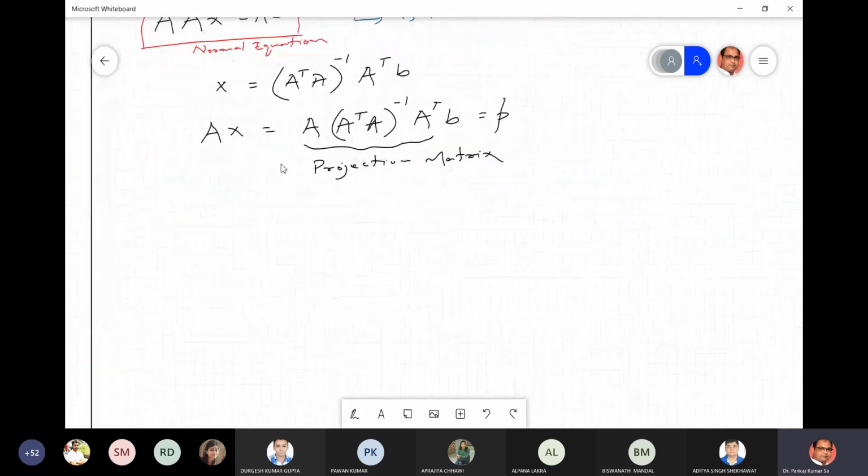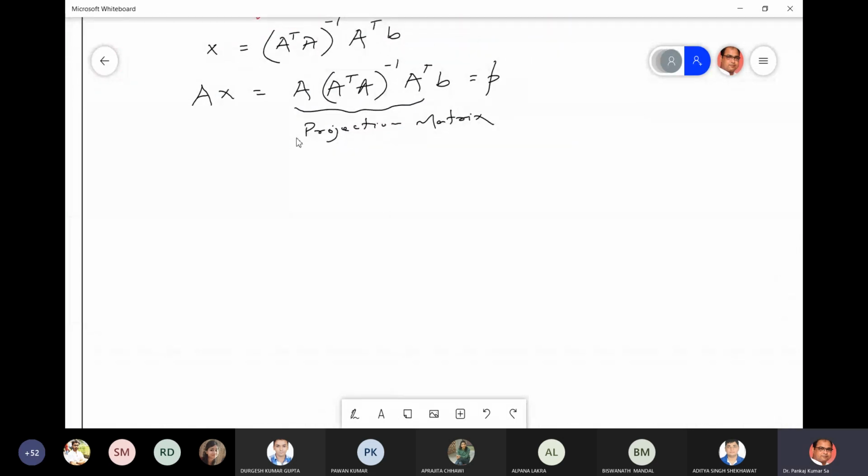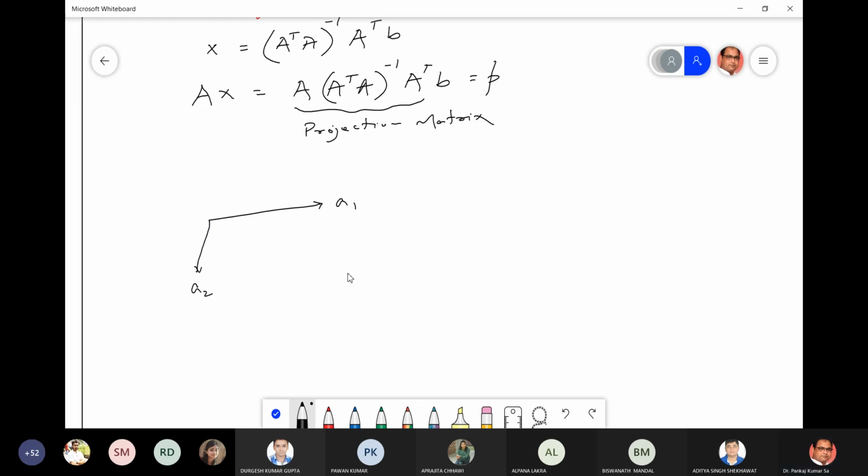So in that case, how does this go? Let us say we have one column A1, another column A2, like that, different columns are there.